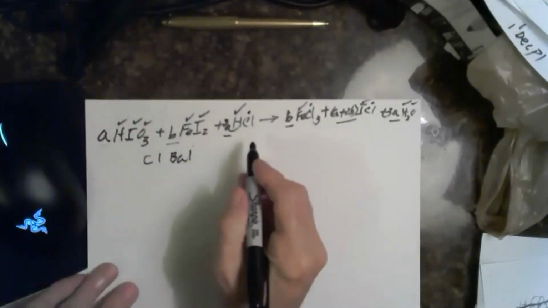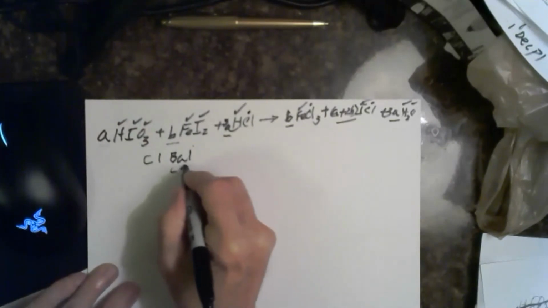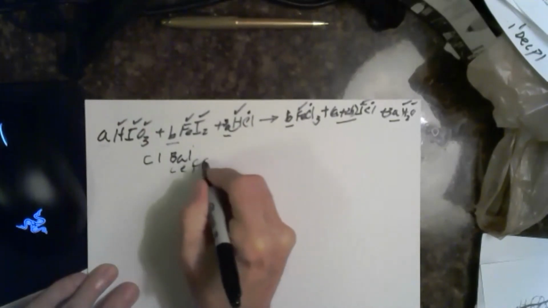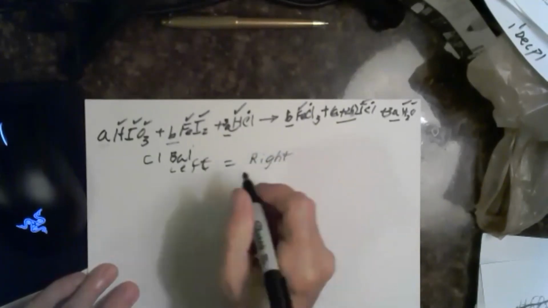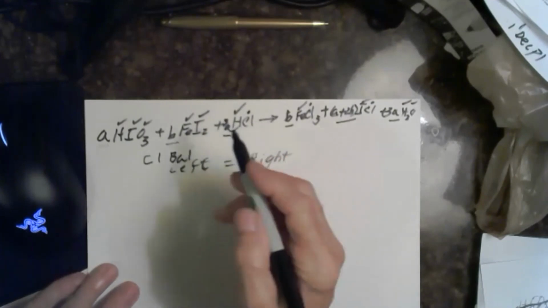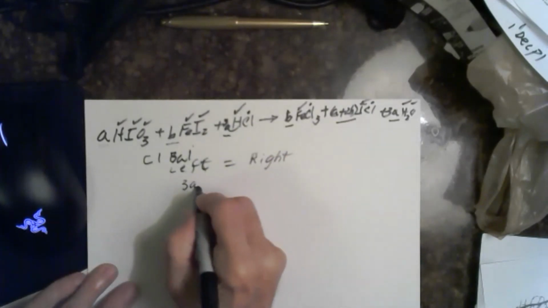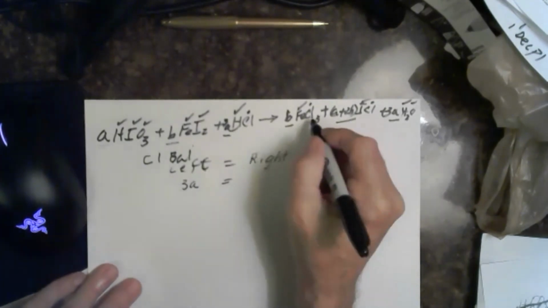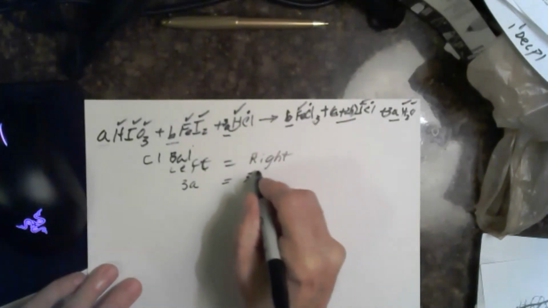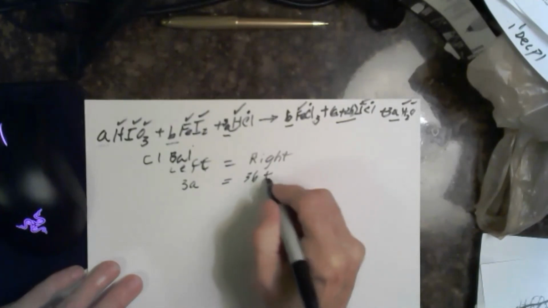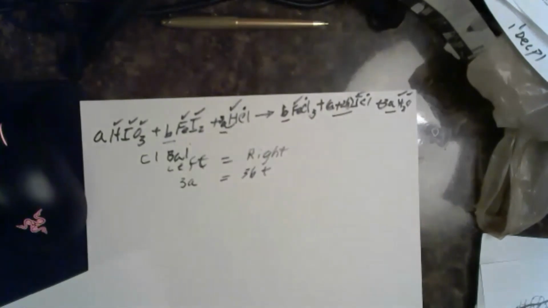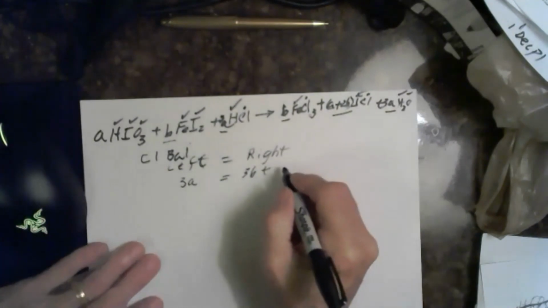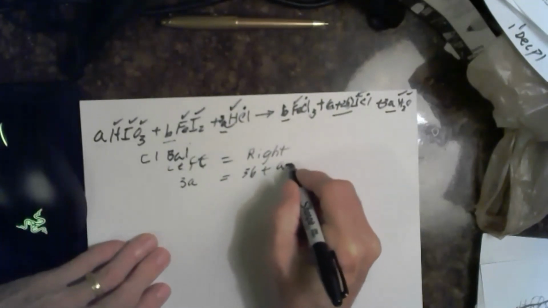Okay, now, how many chlorines do I have on the left? On the left, I've got 3A chlorines. And how many do I have on the right? I've got 3B from here. I've got 1 times A plus, was that a plus? Yes, it was. Plus, I've got A plus 2B.